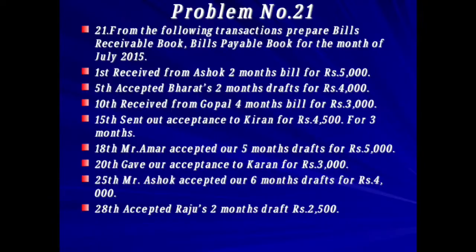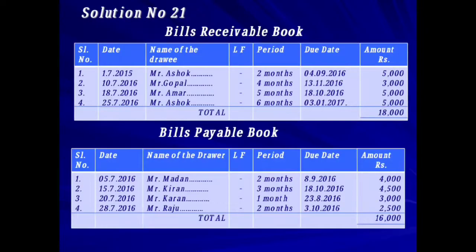The next we have on 18th: Mr. Amar accepted our 5 months draft for rupees 5000. So bills receivable it is, 18/7/2016, Mr. Amar, 5 months draft.